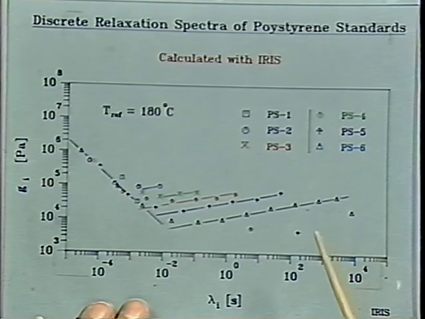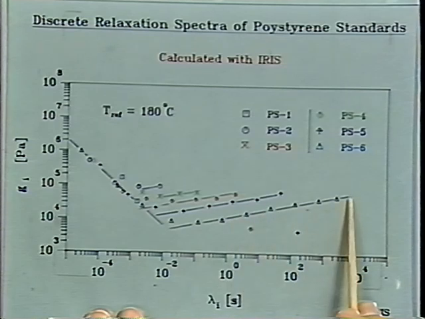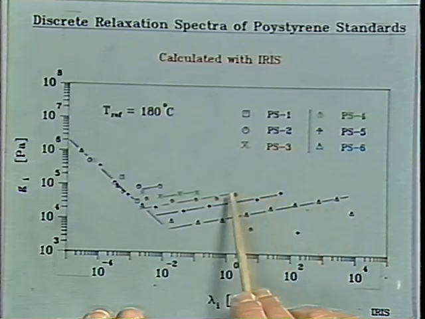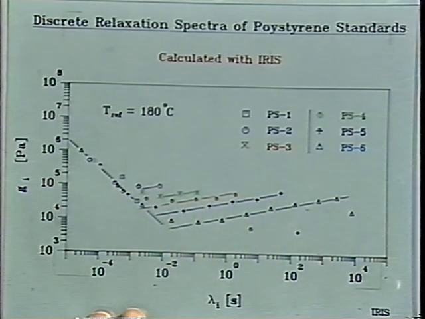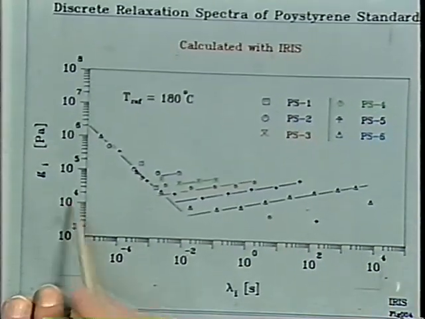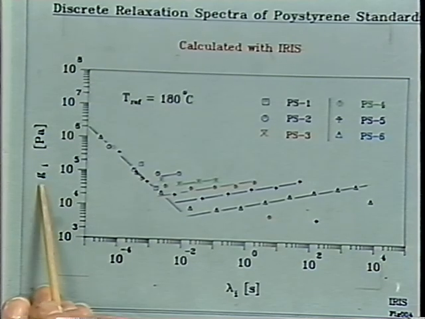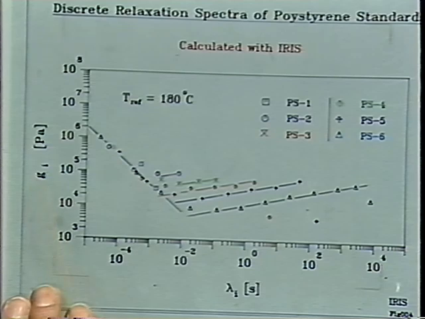The material with the longest relaxation time, the material with 2.5 million molecular weight, has this spectrum here. This is 2.5, this is next lower, and you can see how they go. I'm plotting G_i as a function of lambda. So we're talking about individual Maxwell modes, and this is the strength, and this is the time constant of the specific Maxwell modes.